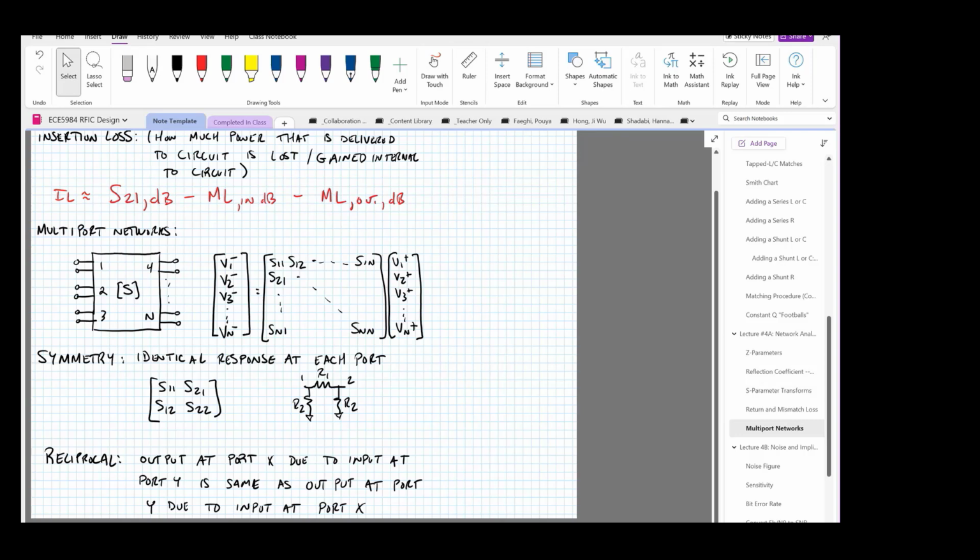So this is a symmetric circuit. If it's a symmetric circuit, we can generally say S11 is equal to S22, and S12 is equal to S21.